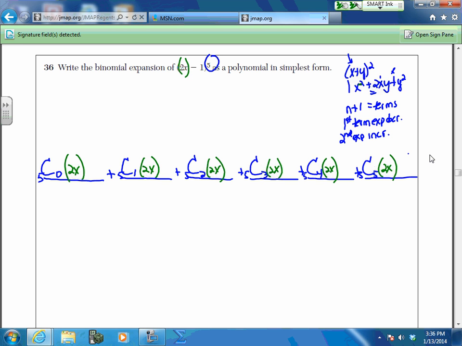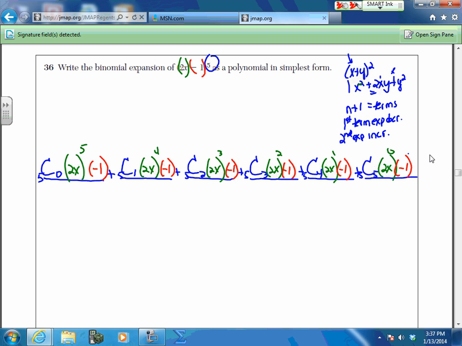It starts with the highest, so it starts with a 5, then it goes to 4, then to 3, 2, 1, 0. Your second term is negative 1. The negative 1 all the way down. It is important to keep that in parentheses. Now you have your expansion here.